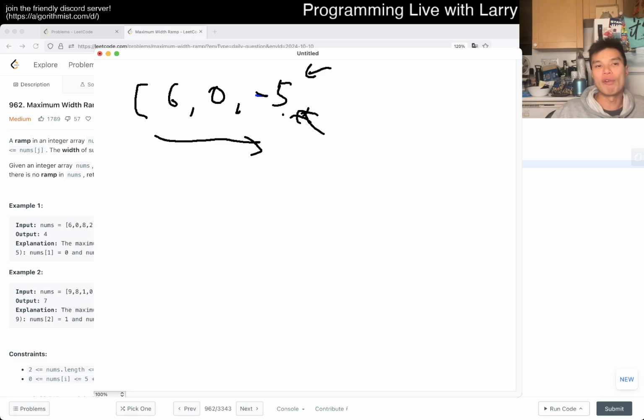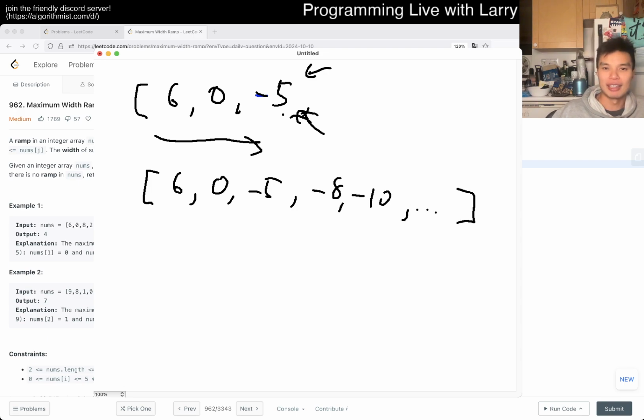So now you see that you have 6, 0, -5, and it gets smaller every time, right?